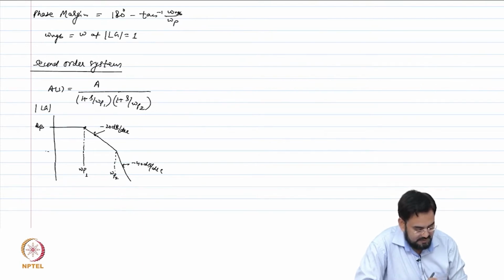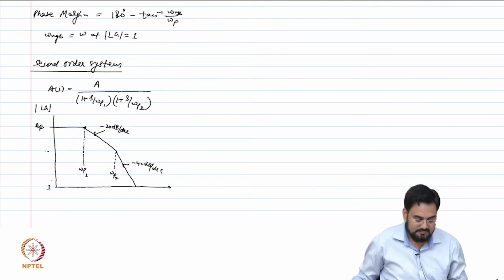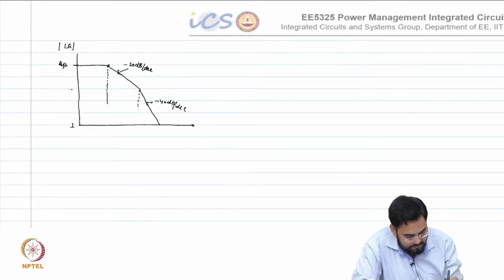Now let us say this is your unity gain somewhere here. Now do the phase plot.